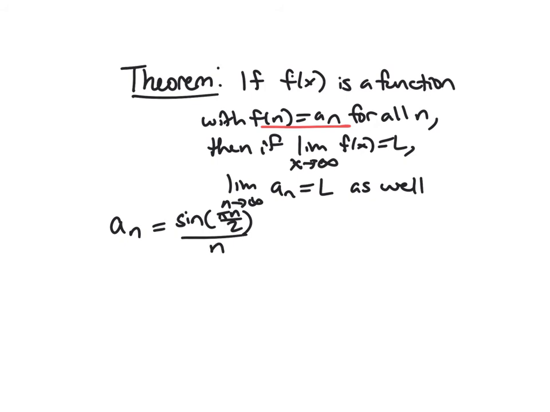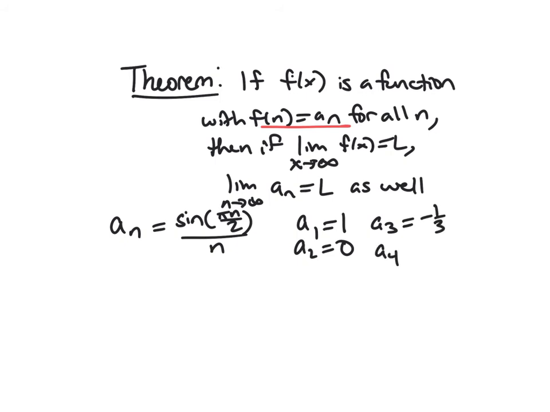So we can check out some terms. For instance, for a1, I get sine of pi over 2, which is 1, over n, which is 1. So we get 1. a2 is going to be sine of pi, which is 0. For a3, we get 3 pi over 2 into sine, so we get -1, but then over 3.